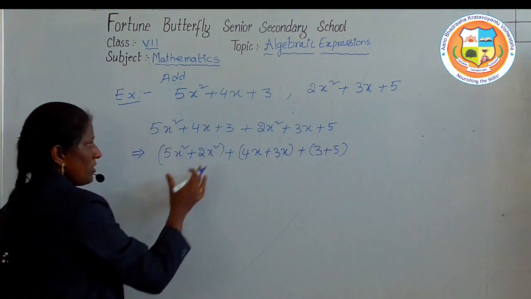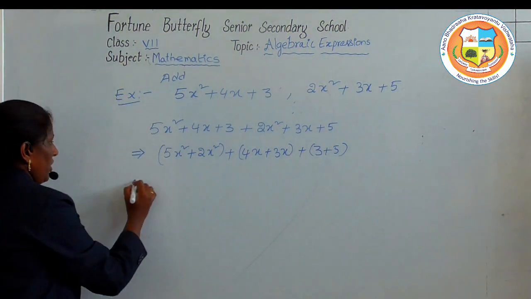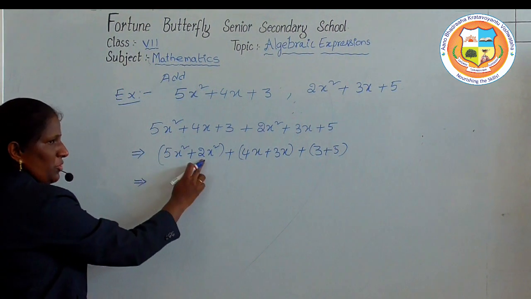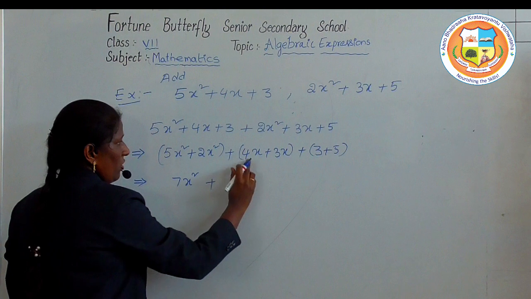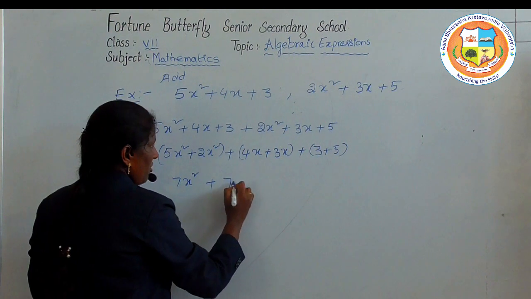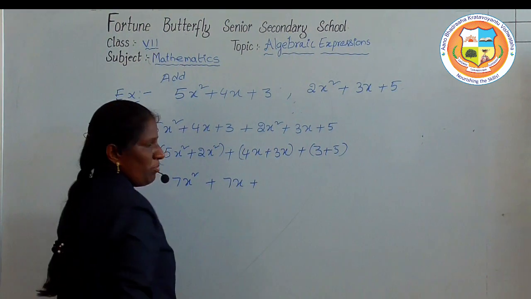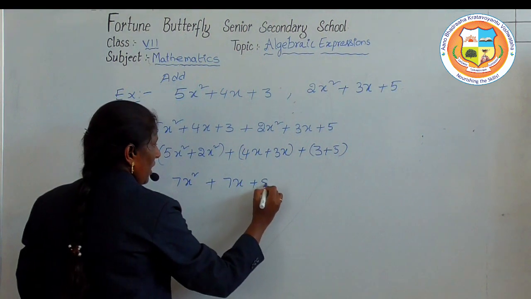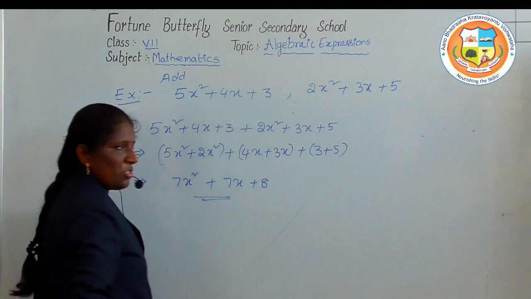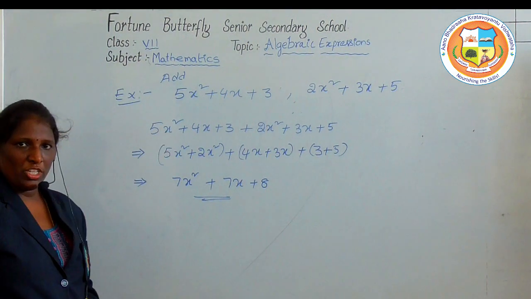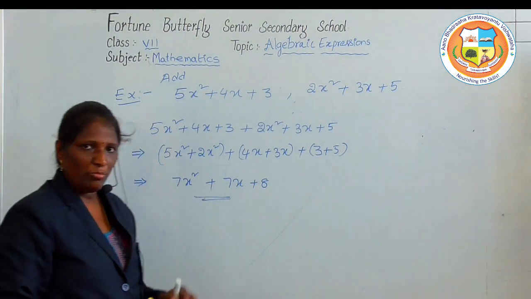Now this is the grouping of like terms. Next, 5 + 2 is 7x^2, 4 + 3 is 7x, and 5 + 3 is 8. This is the sum of these two algebraic expressions. This is the horizontal method.